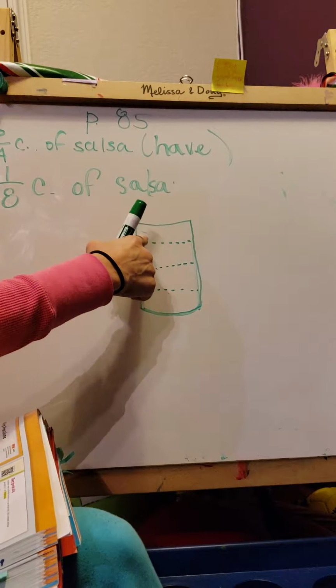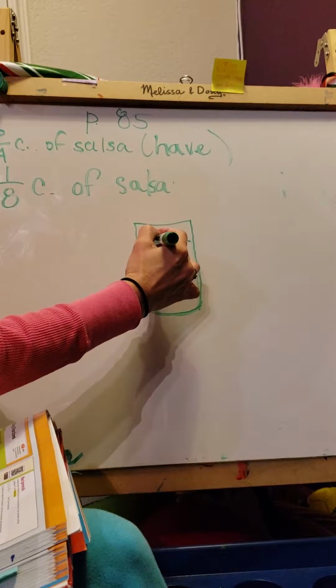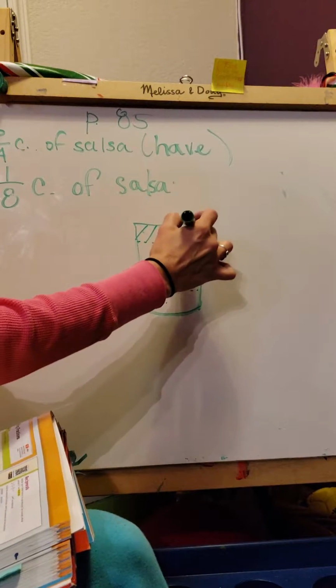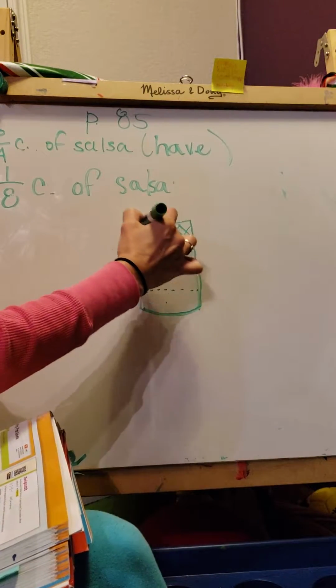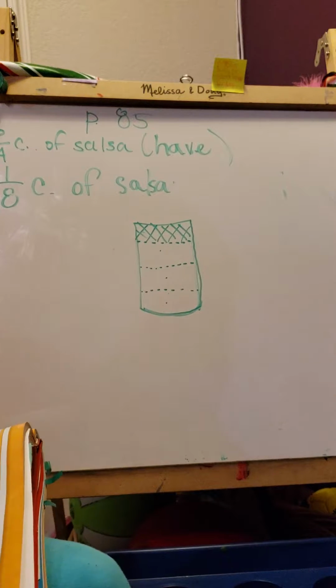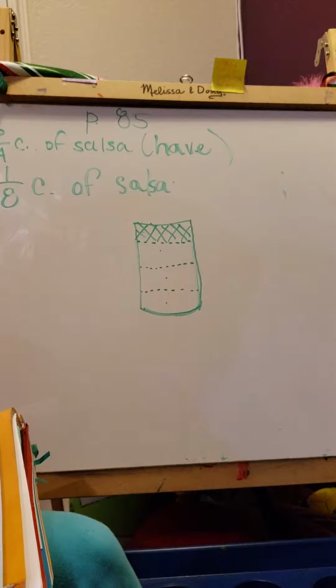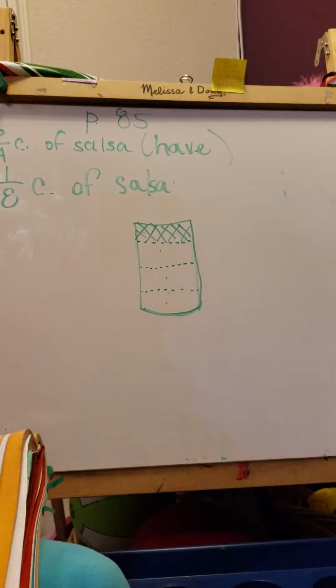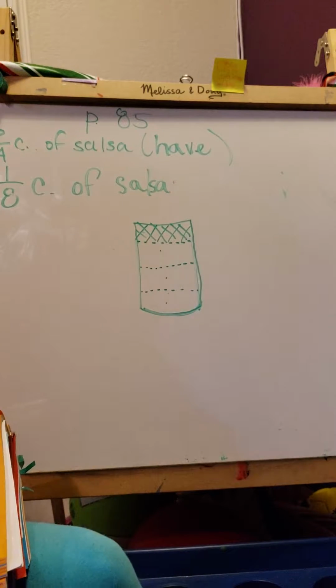So basically we have this much left and this is already eaten. This is what we ate a week ago with our chips and salsa when we had our friends over. So we have 3/4 left over, I'm sorry.